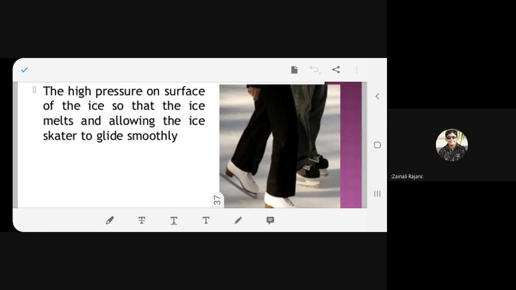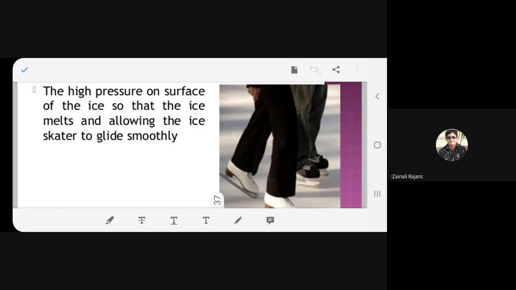Heat. Say, heat is created. When the heat is created, the ice melts. You understand? And when the ice melts, the ice skater can glide smoothly. You understand? Because now it is making a space for it.